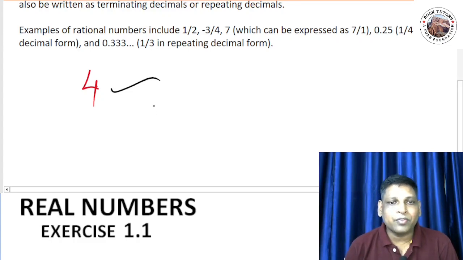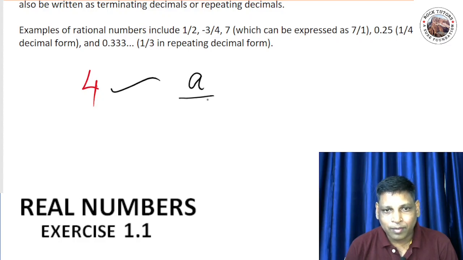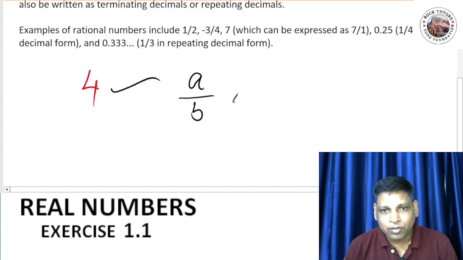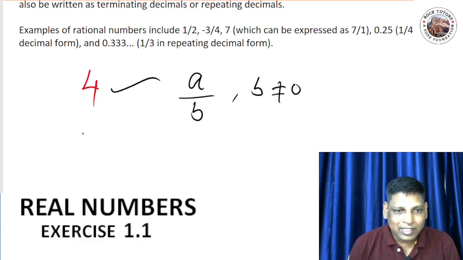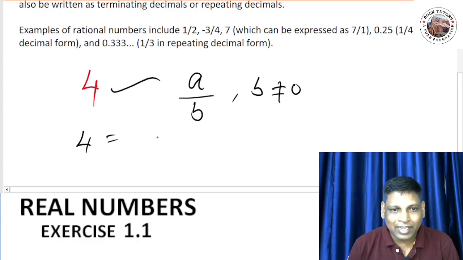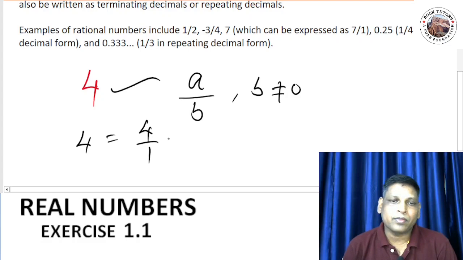Why? I can write 4 in the form a by b, where b is not equal to 0. I can write 4 equal to 4 by 1. We know that 4 by 1 means 4 only.